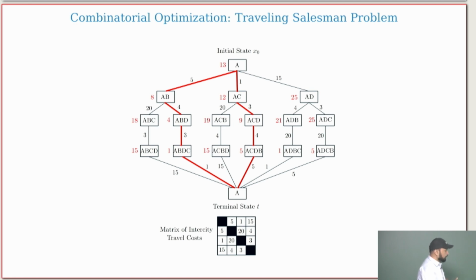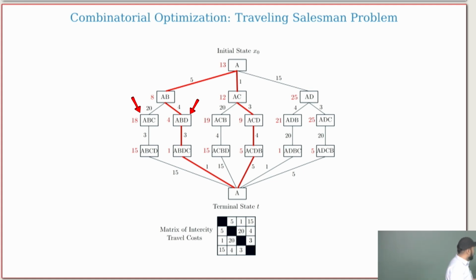This means that I came from A and I'm at B, and then we have AC, which means I started from A and I'm at C, and so on. So you get the idea, right? And then if we go further on from AB, so from the city B, then since A and B are already visited, we now have possibilities of C and D.